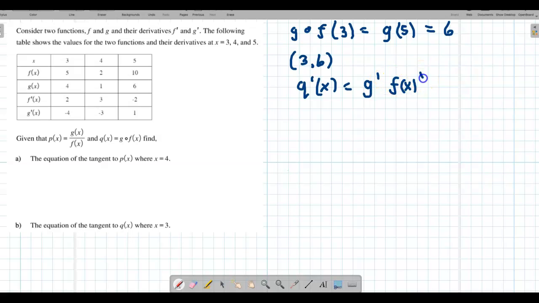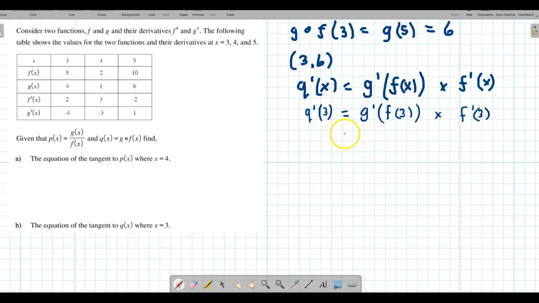So f of x put into G dash, and then multiply that by f dash of x. And that's for G of F. Obviously, these will change around if it's for F of G. Now, remember, I'm looking for a specific point. So I'm looking for when it's at 3. So I'm going to see if I've got all those values. So I'm looking for G dash of F of 3 times by F dash of 3.